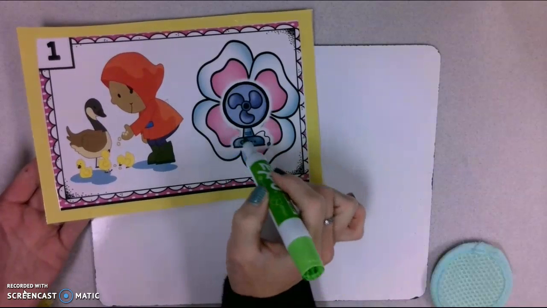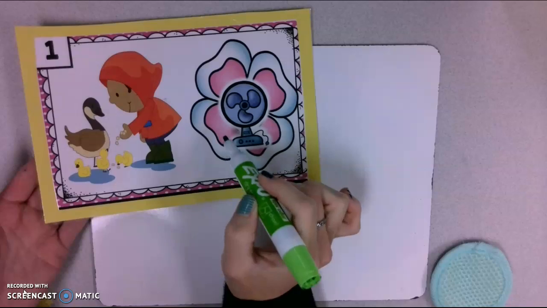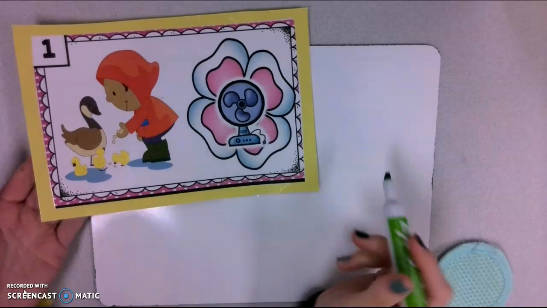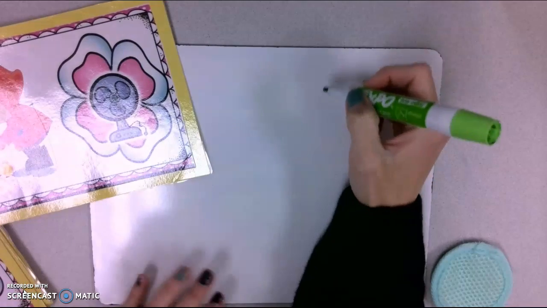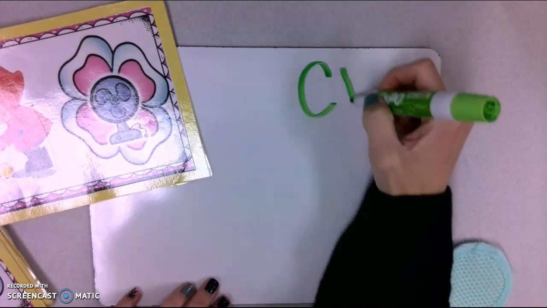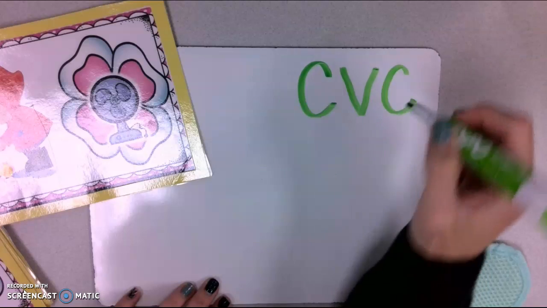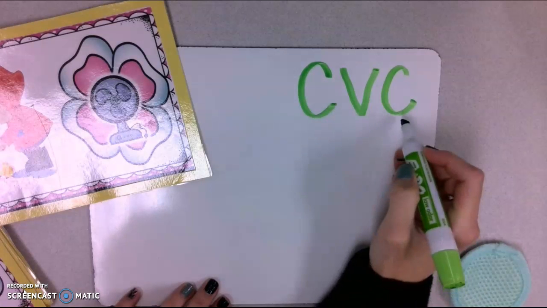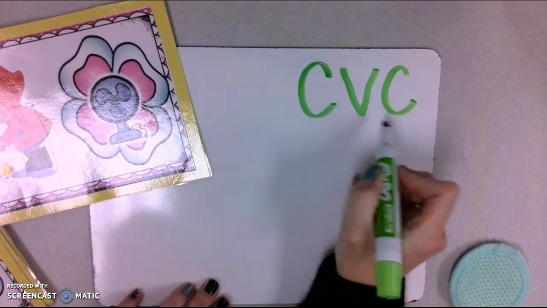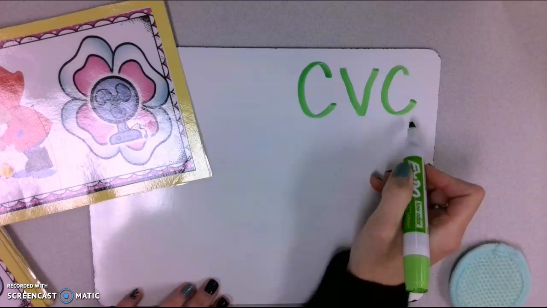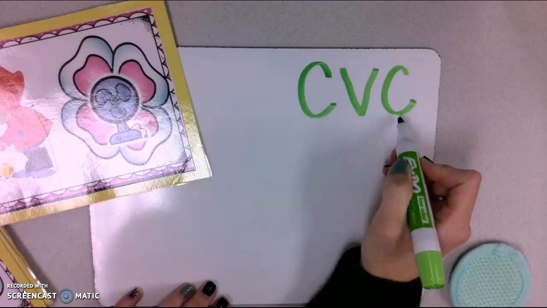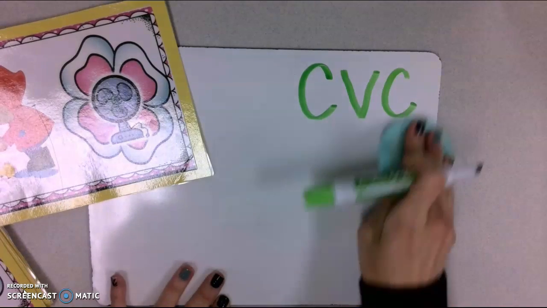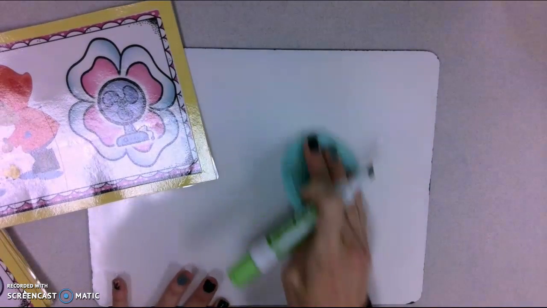We are going to be doing CVC words, and it's only going to be looking at the picture that's inside the flower. So remember, a CVC word is going to be a consonant, vowel, consonant word. It's going to be 3 letters. It's going to have a consonant first, then a vowel, and a consonant at the end. Okay, so keep that in mind as we go through our activity.